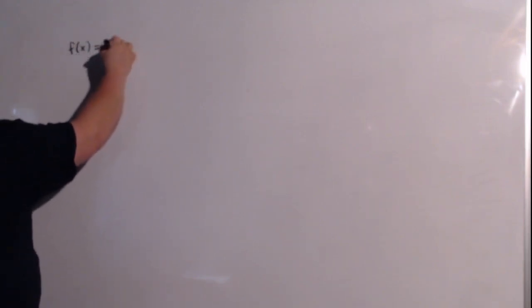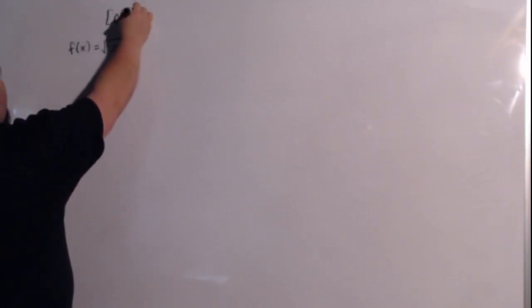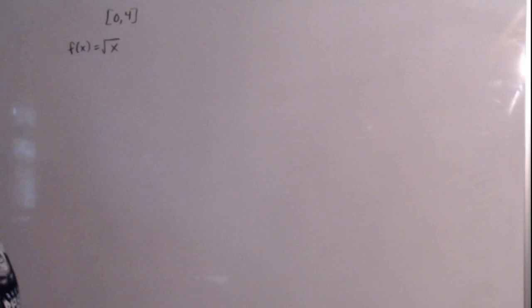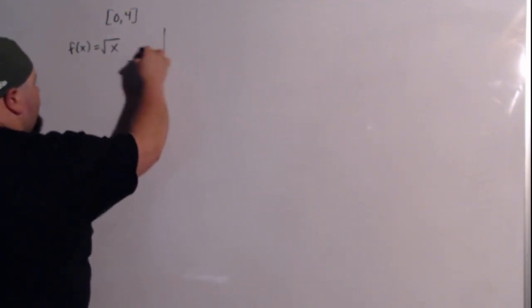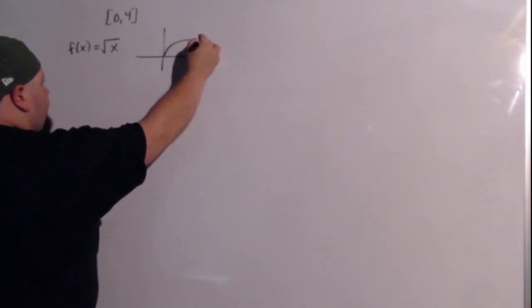All right, so the problem says graph the area represented. So our function is square root of x, and it is over 0 to 4. So the square root of x from 0 to 4 is going to look something like that.